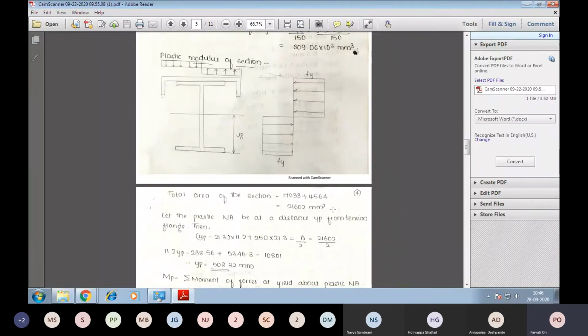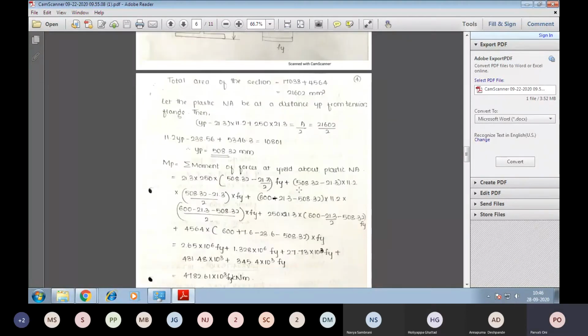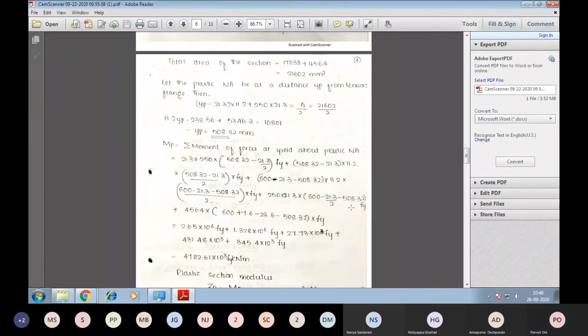The centroid of this flange will act at a distance of 21.3 by 2. 600 minus 508.32 will give you this total distance, and minus 21.3 by 2 will give me the centroidal distance of this flange to the neutral axis, into Fy. Correct? So we have completed the I section.